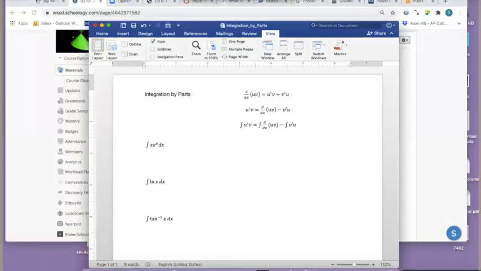What I want you to see is this is the product rule. All right, u times v, I think I have that written backwards. It doesn't matter. It's first times the derivative of the second plus the second times the derivative of the first. Okay. Well, what you do is you rearrange it so that you've got one of the parts of your integration by parts, you've got these two parts right here.